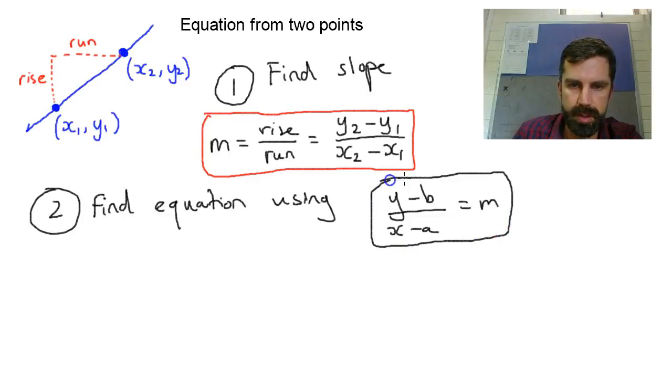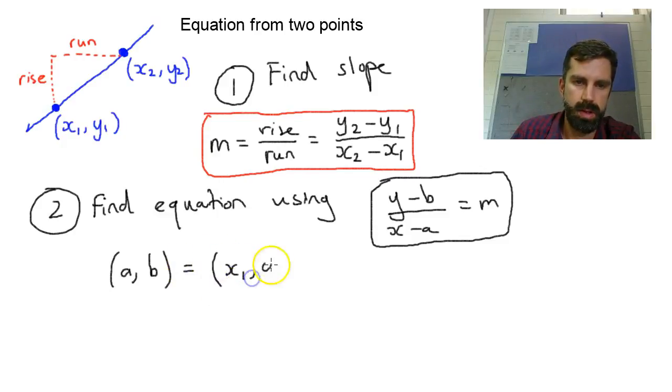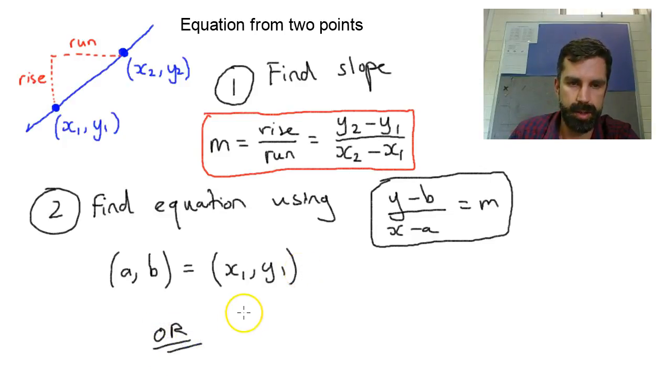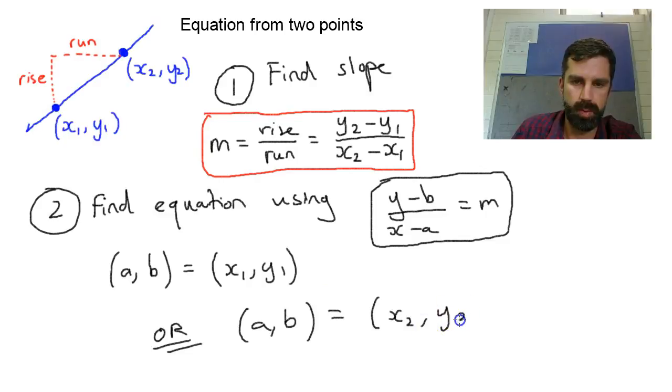Now, just to be confusing, this is the bit that seems to trip people up, but it's kind of convenient. a, b can equal our first coordinate, because that's on the line, or, and it doesn't actually matter which way you go, a, b equals x2, y2.